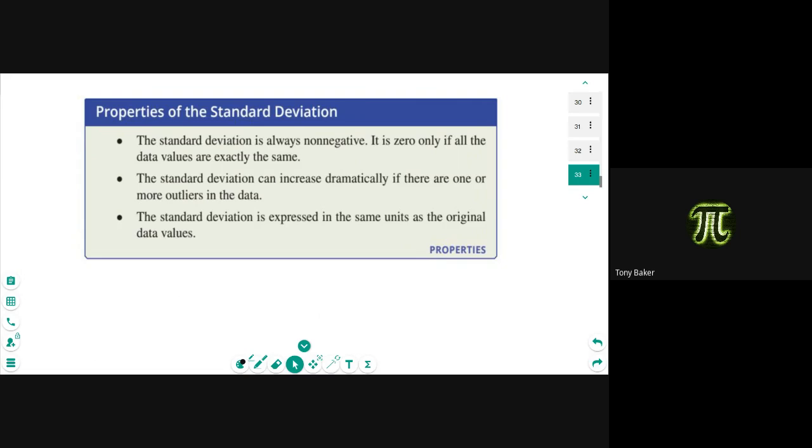That's if every single number is exactly the same. If all the numbers are exactly the same, the standard deviation is 0. Standard deviation is not resistant to outliers. If you have an outlier in your data, it will pull the standard deviation. And standard deviation is the same units as the actual data. So if we're talking about feet or whatever else it is, standard deviation would be in terms of feet.